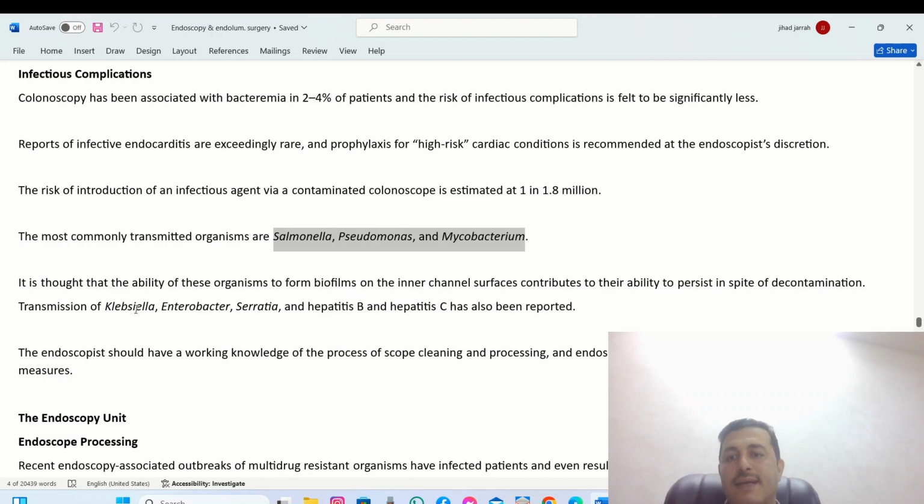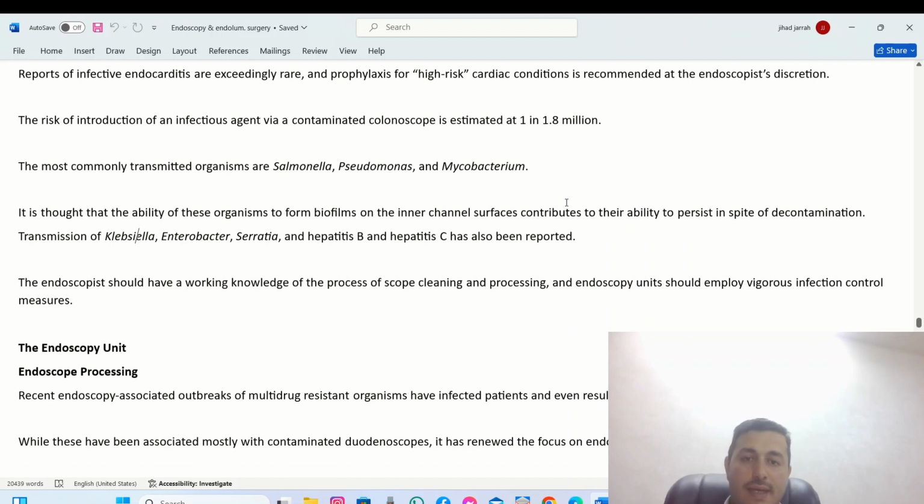Klebsiella, Enterobacter, Serratia, and hepatitis B and C have also been reported. The risk is usually 1 in 1.8 million colonoscopies.